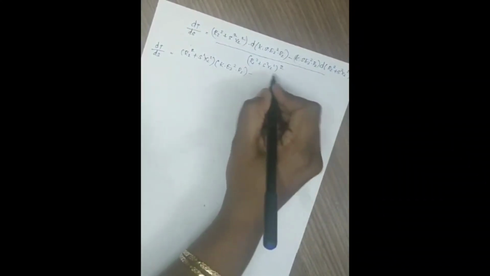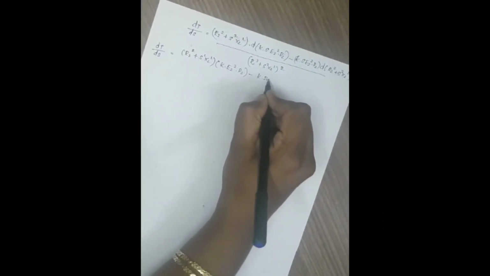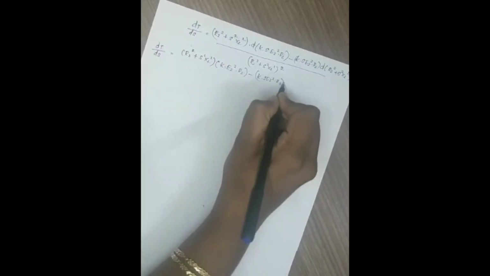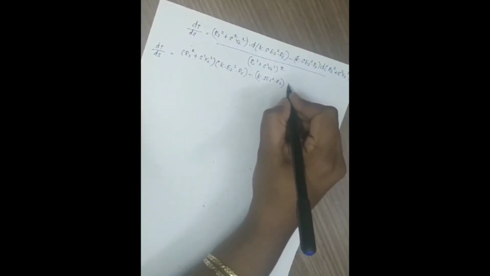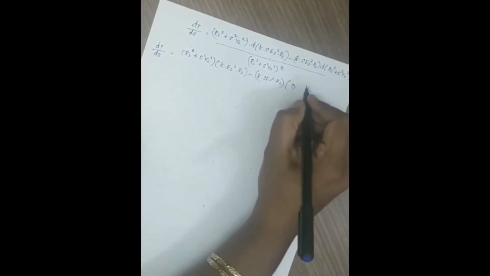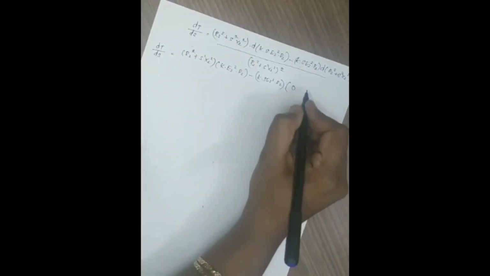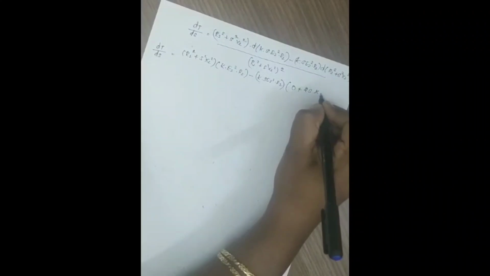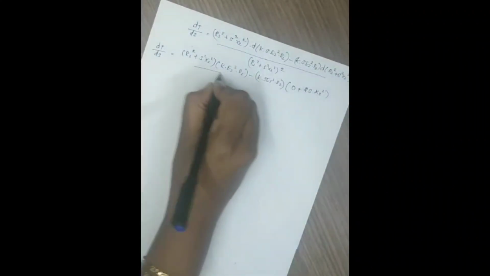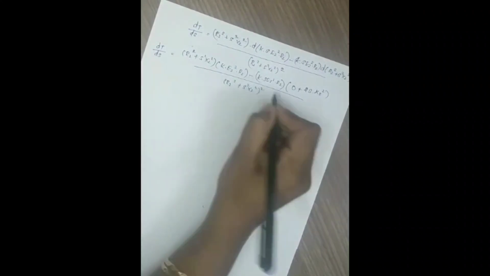Now in the next term, minus k into s into e2 squared r2, I write directly. While differentiating this portion, r2 squared takes a 0 value because r2 is constant with respect to s, and s squared becomes 2s into x2 squared. All divided by (r2 squared plus s squared x2 squared) the whole square.